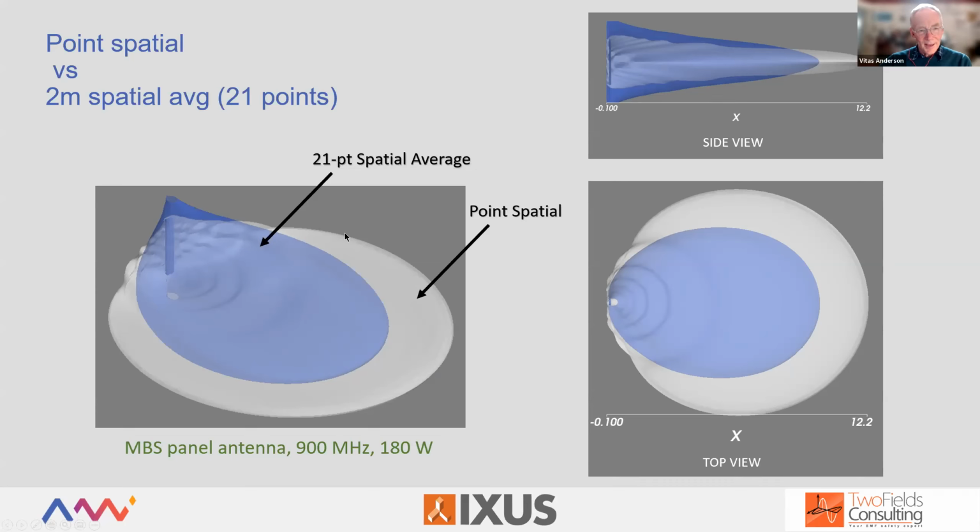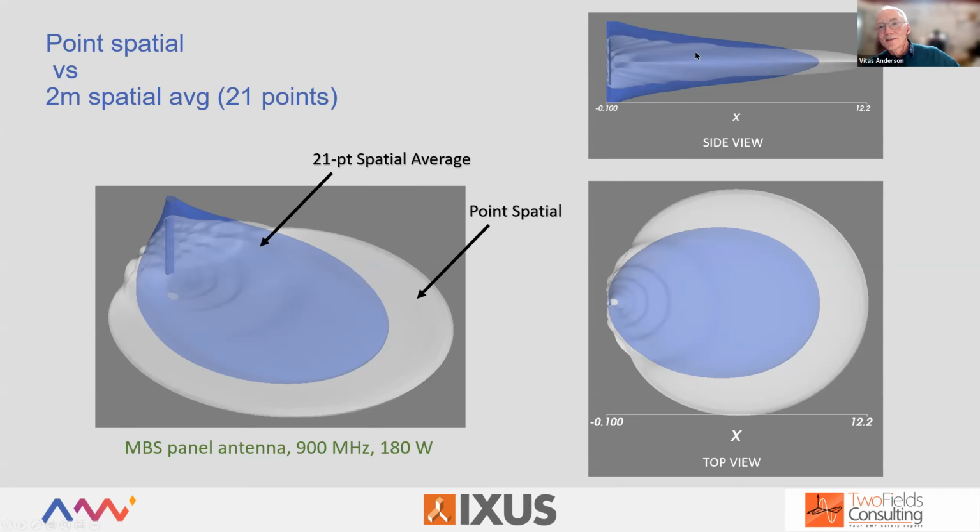The gray zone is the zone you would normally expect from our current practices, where we use point spatial assessments. And the blue zone shows what that compliance zone would look like if you did 21-point spatial averaging. You can see it really does make quite a difference to the size of the zones.